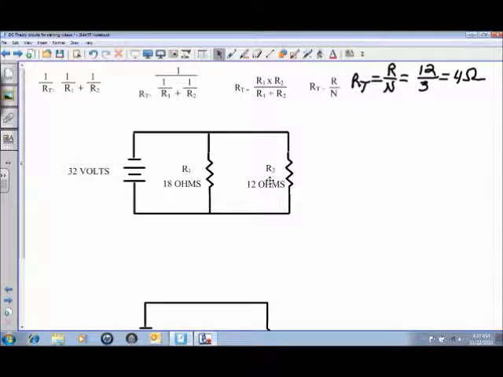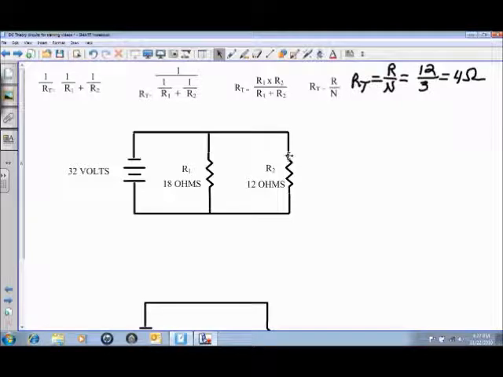You have to keep repeating the steps. So if we had a third resistor, you could combine R2 and R3 using product over the sum, and then once you have that value, you could combine that one with R1 to get your total. So your steps can get kind of drawn out, and the more steps you take, the more chance you take of making a mistake.